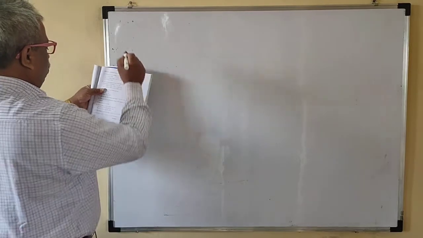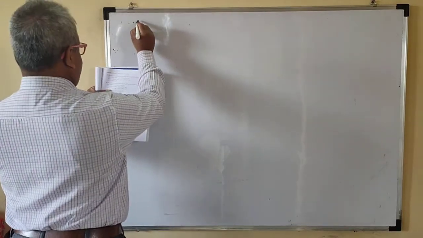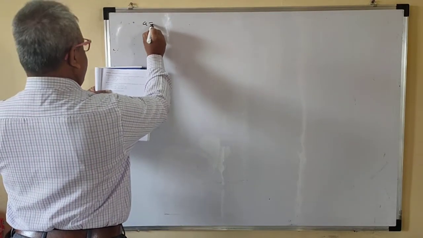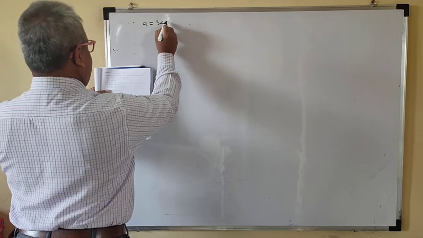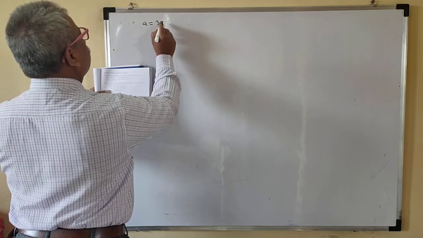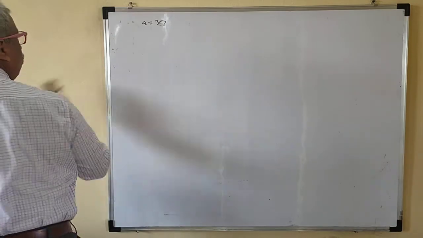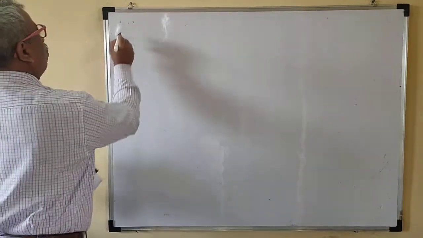Okay. So suppose your a is equal to 340, 374. So I will give the problem. One.